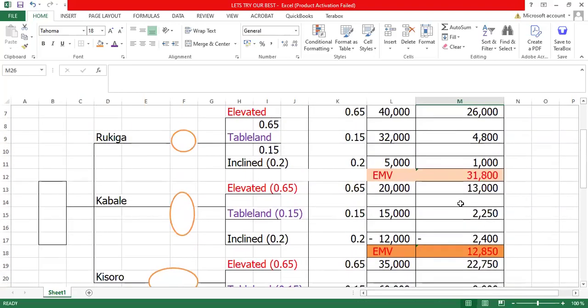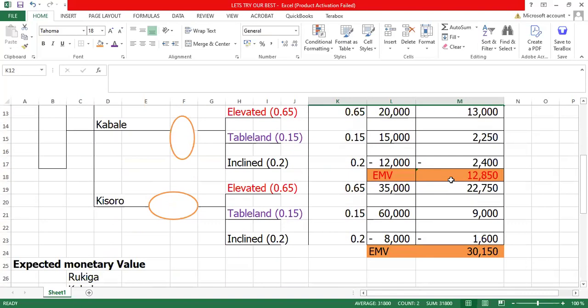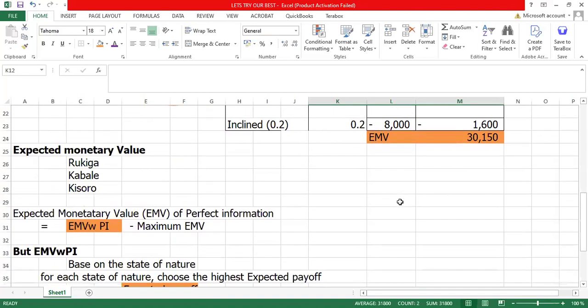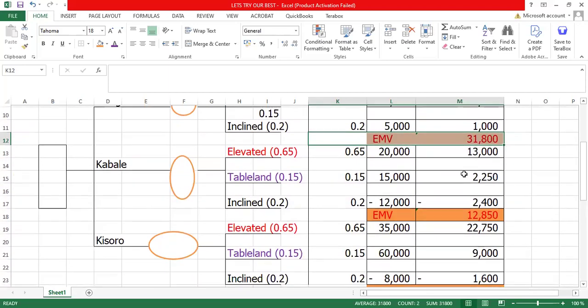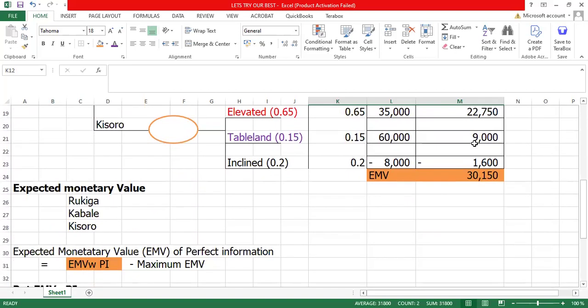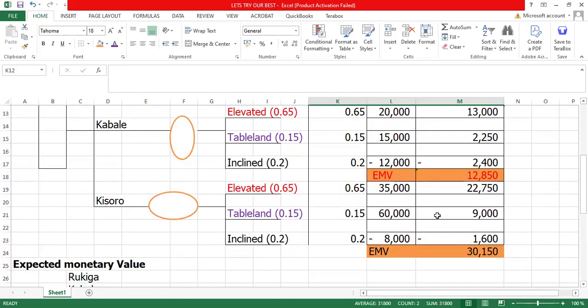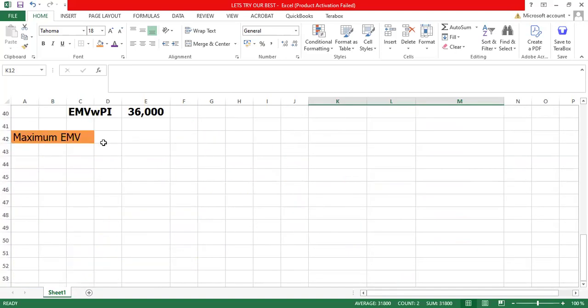So from these expected monetary values, what is the maximum? What is the highest? It's 31,800.